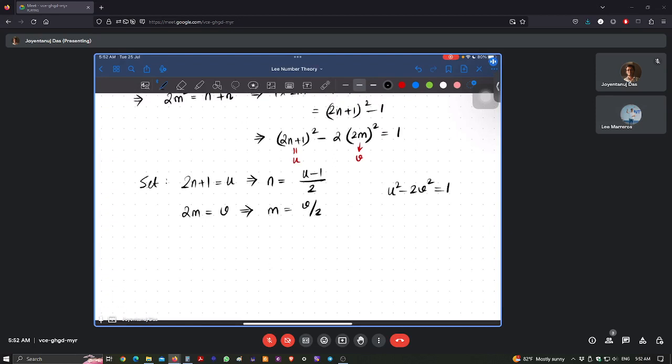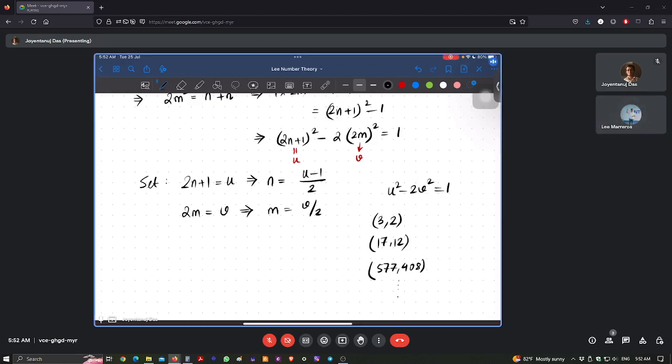So this I know, right? For example, (3, 2), then we have (17, 12), (577, 408). Like this I can create infinitely many solutions, right? Now for each (u, v) I can create m and n, because I can define n to be (u minus 1) by 2 and m as v by 2.